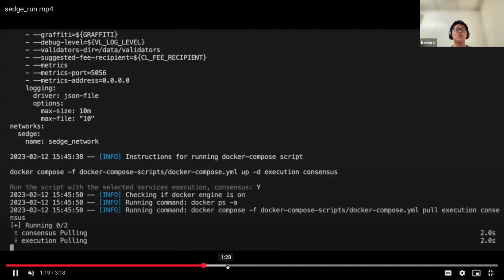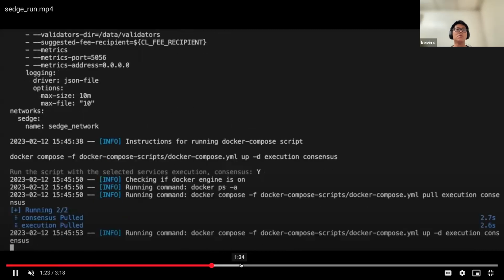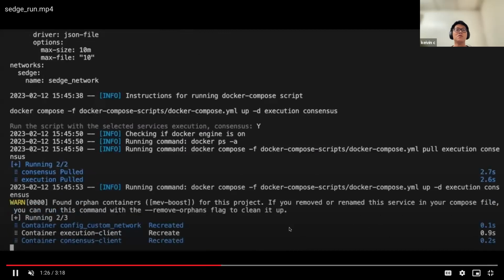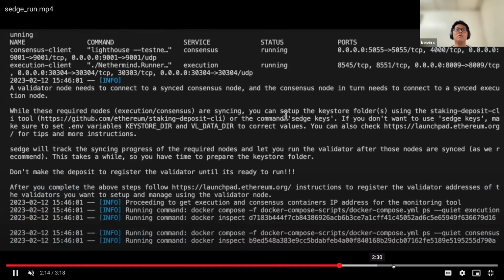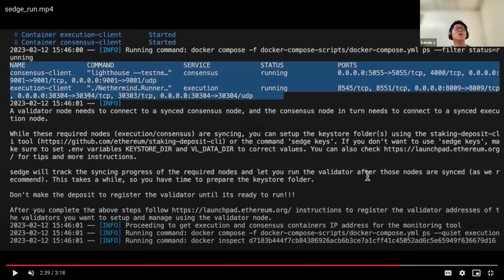It'll start pulling the respective images that you have designated, and you'll start creating your containers. And that's really just it. I've highlighted in the video where you can see your consensus and execution containers, and these are the port mappings and some of the normal Docker information.